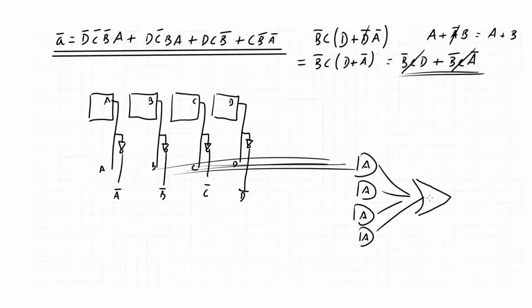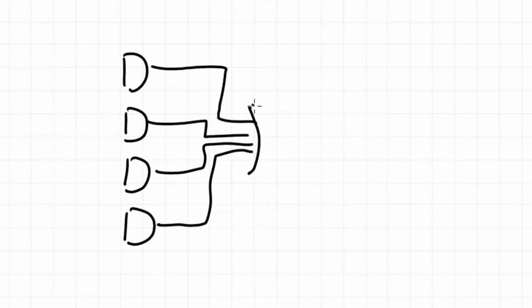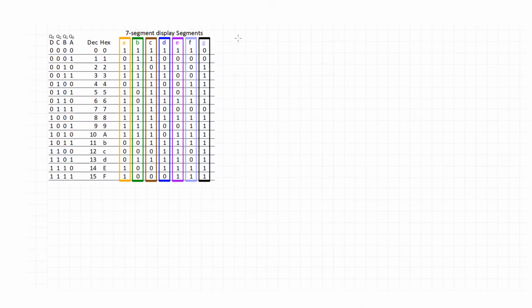And instead of using an OR gate, which gives us not A, we could use a NOT gate after to give us segment A. But an OR gate followed by a NOT gate is a NOR gate. So we can use negative logic with a NOR gate to get the correct output.